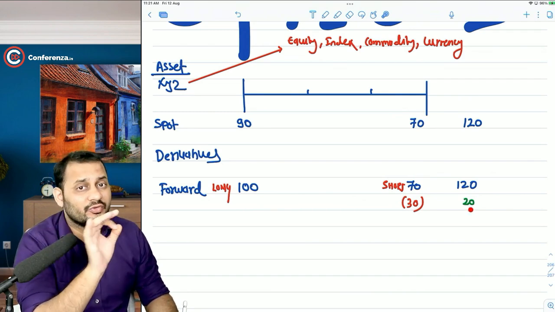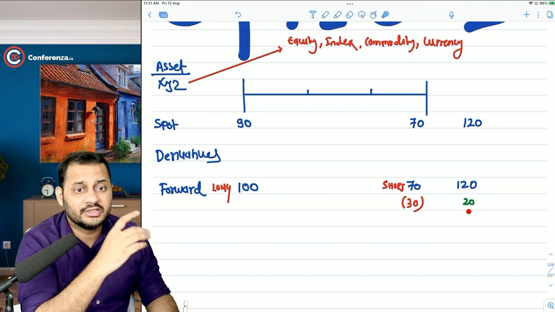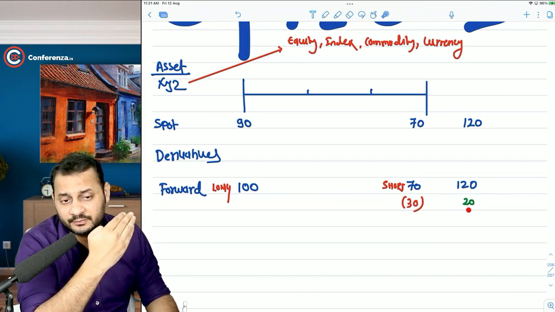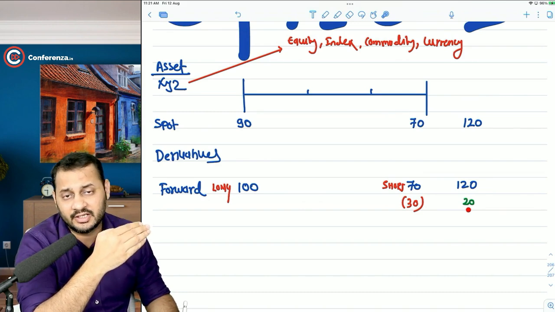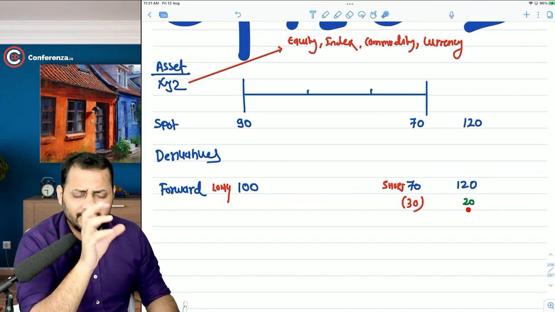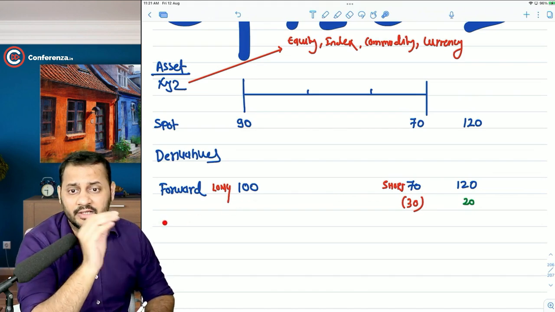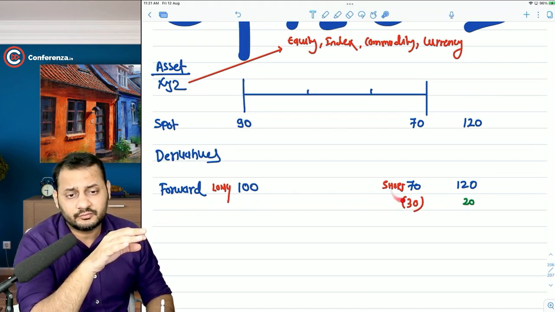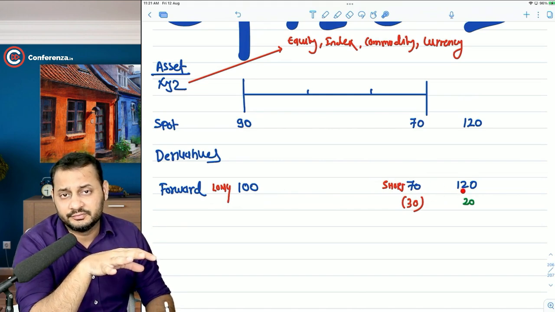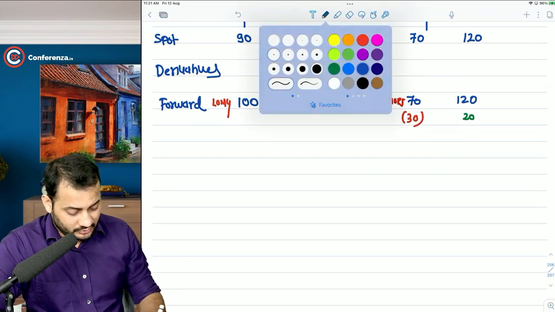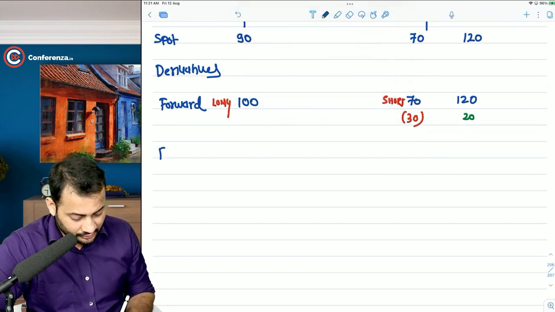And if the contract is on 1 lakh units, it will be a loss of 20 lakh rupees to the forward seller, the other person, and he may also reject at that time. So there are high chances that in a forward contract default will happen. One of the parties will default, and that's why a new concept was introduced called futures.